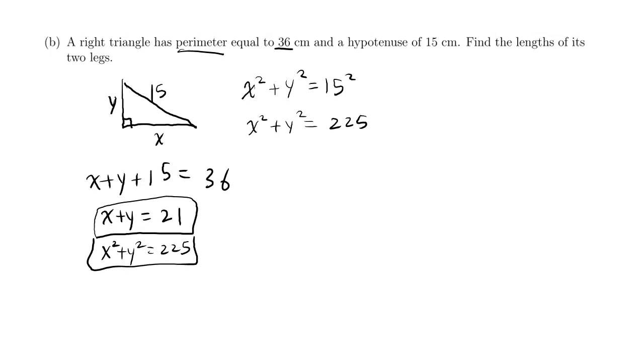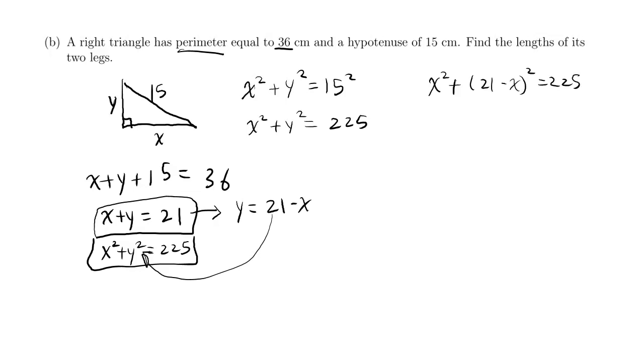And again, as before, when you have a system, solve for one of the variables. Subtract x from both sides to get y equals 21 minus x, and then plug that into the second equation. And when you plug it in, make sure that you use the parentheses.